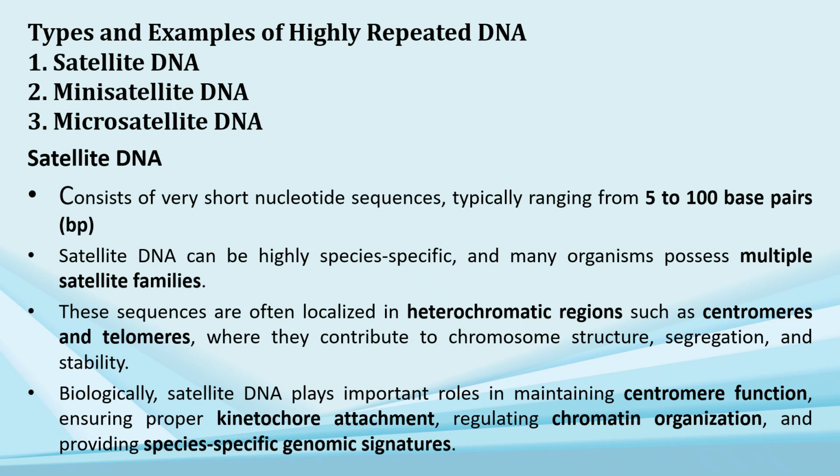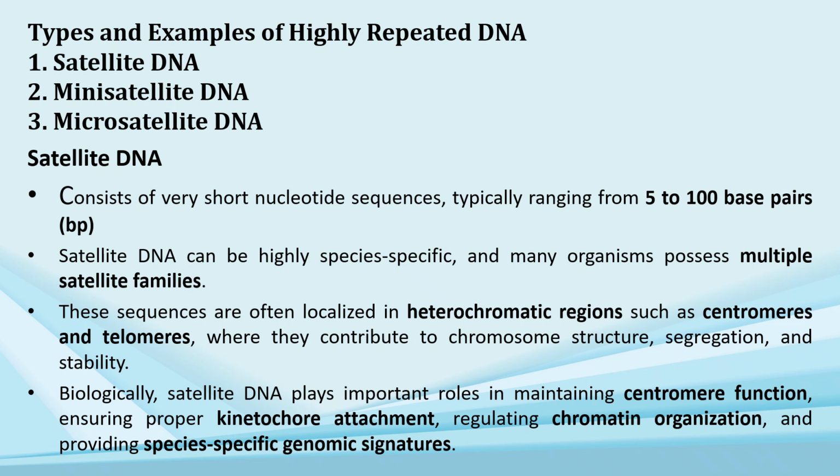Types and examples of highly repeated DNA: satellite DNA, mini satellite DNA, and microsatellite DNA. Satellite DNA are very short nucleotide sequences typically ranging from 5 to 100 base pairs, and they are highly species specific, and many organisms possess multiple satellite families.